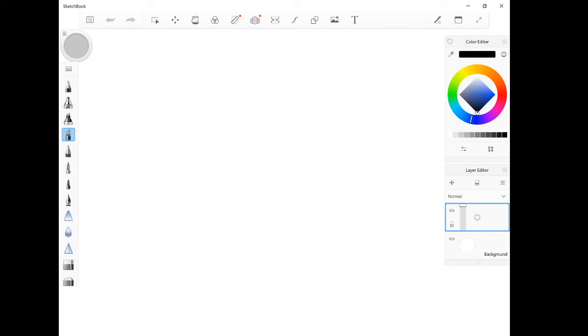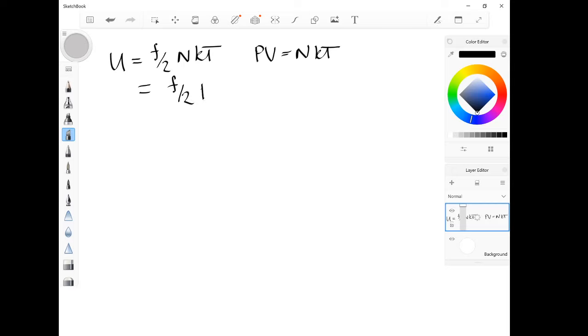So for an ideal gas, you have U equal to f on 2 NkT, and PV is equal to NkT. And this is also equal to f on 2 PV.